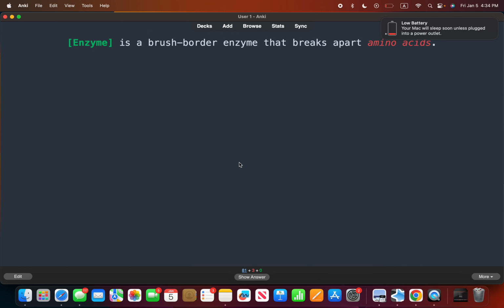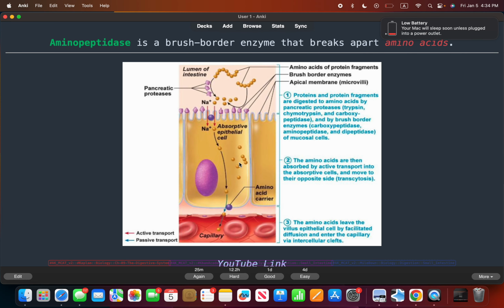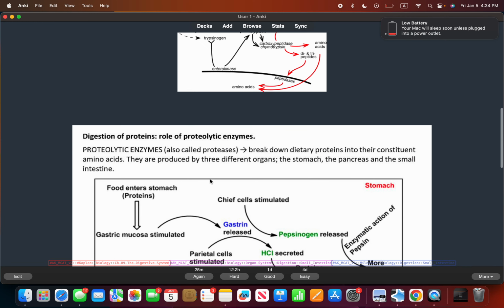What is a brush border enzyme that breaks apart amino acids? It should be pepsin and aminopeptidase. Okay, no way we got that.